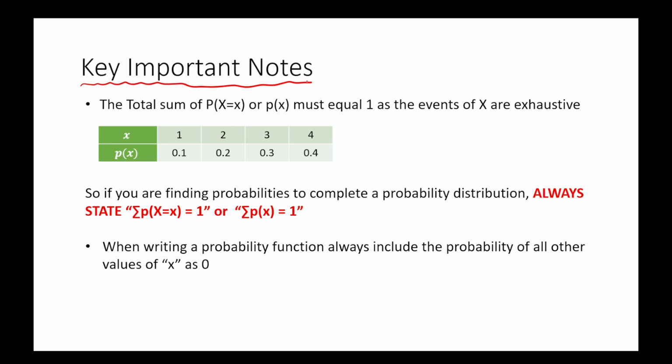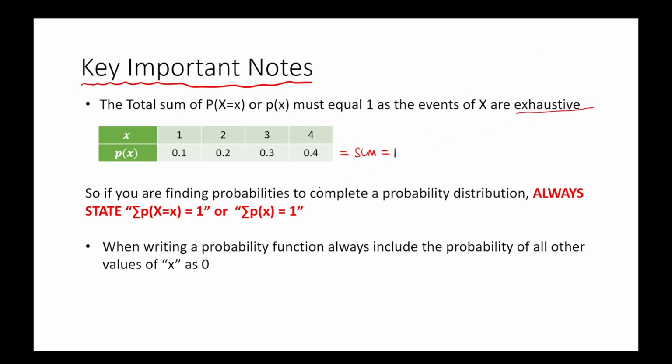Now, one of the most important properties of a probability distribution is the fact that all of the probabilities in the table must add up to 1. So the sum must equal 1. And the reason for that is because the possible values of x, the events, are going to be what we call exhaustive, so they all add up to 1.